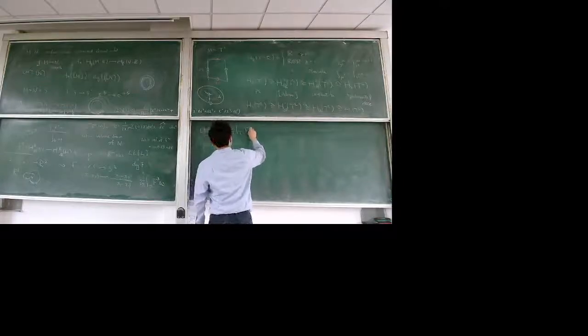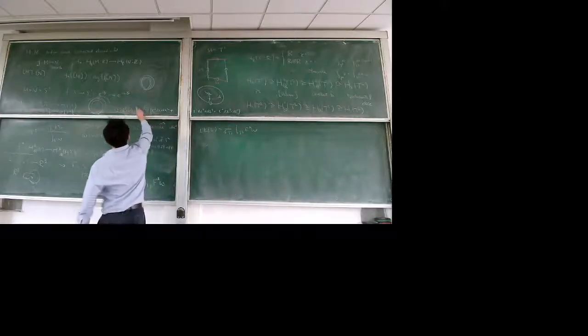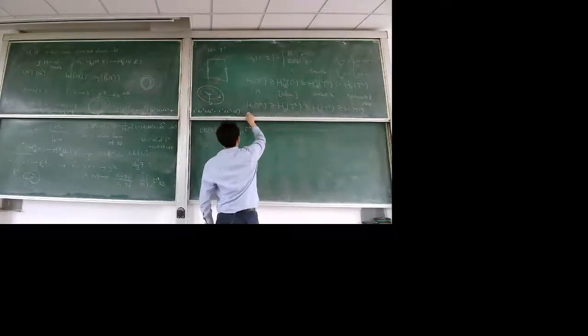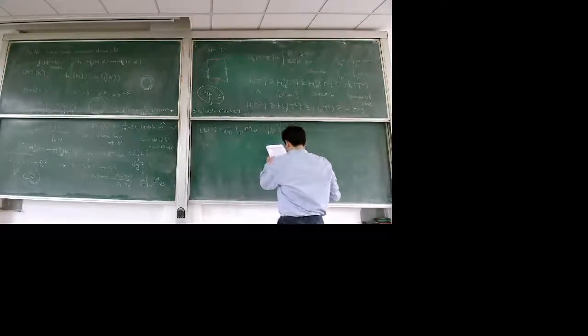This integral can be written as, so the linking number is 1 over 4 pi times the integral of f star omega, and omega is this one, okay? Inside, and this is omega, and then this can be written down as 1 over 4 pi. Let's call these K1 and K2.